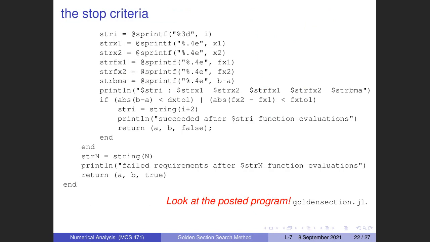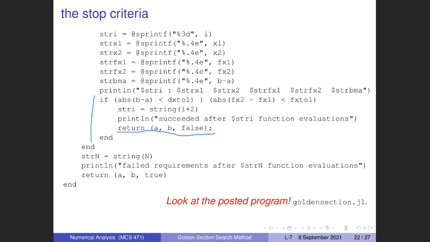It can do fewer than n function evaluations if this stopping criterion is satisfied. So here we break out of the loop with a return statement. We break out of the loop if one of the conditions is satisfied, or both, when the length of the interval is less than the tolerance.